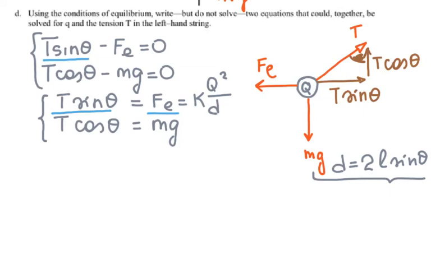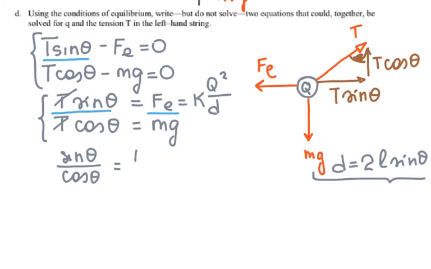In our case, it's the T. So T and T can go, and what I get is sine over cosine. I'm going to keep it for now as sine over cosine, and not write tangent yet. It is equal to Fe, and Fe is equal to kQ squared over d.